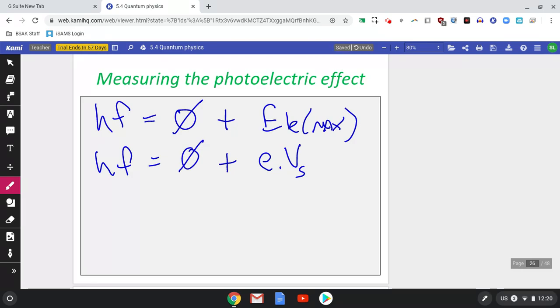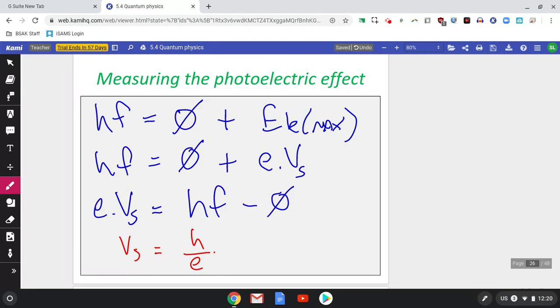Just going to rearrange this to make that the subject. That's going to give us hf minus psi. And then finally, we're going to take e over to the other side. So we've got stopping potential equals h over e times f minus psi over e.